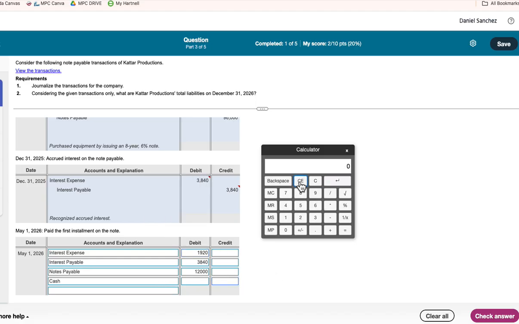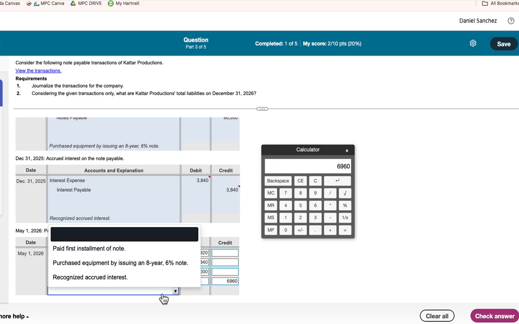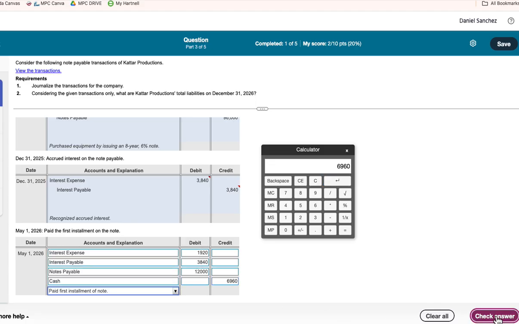So what is that all added up? 1920 plus 3840 plus 1200 equals $6,960, and this is going to be my payment.